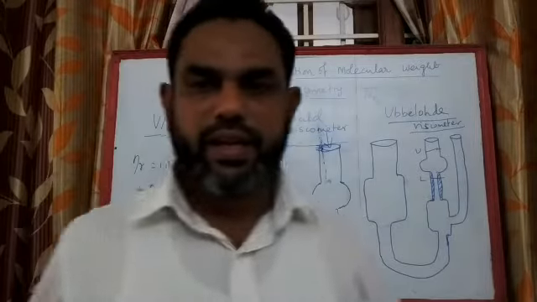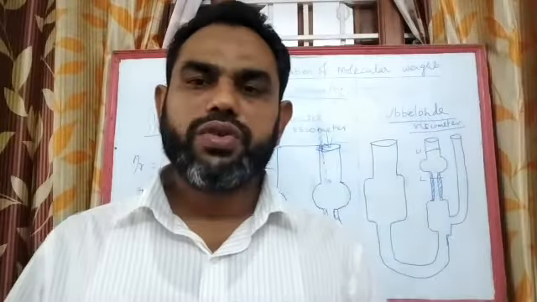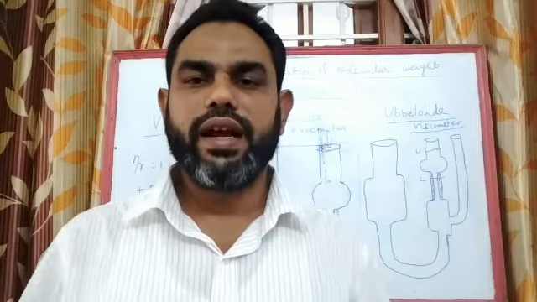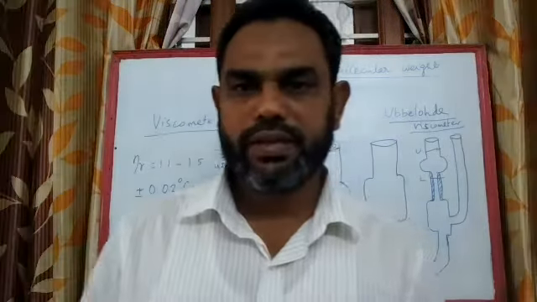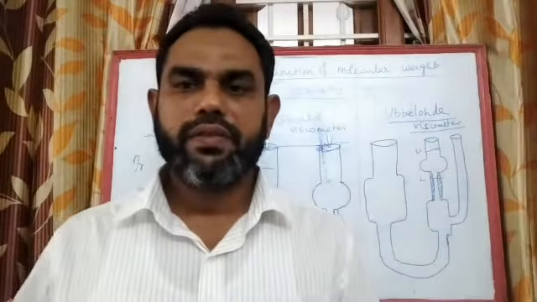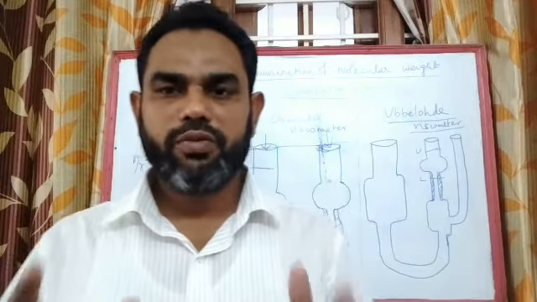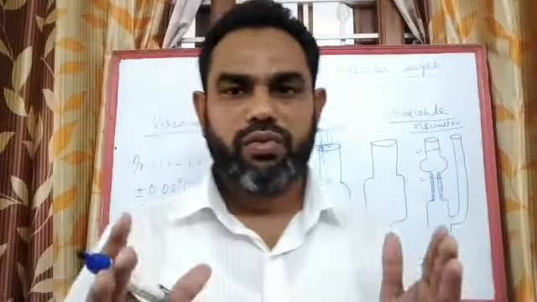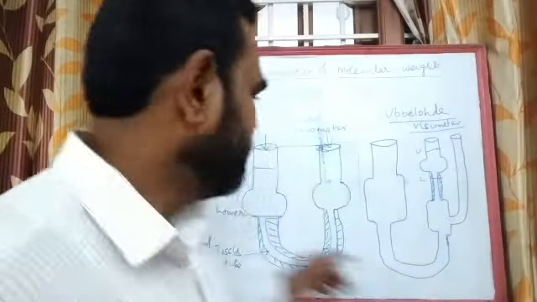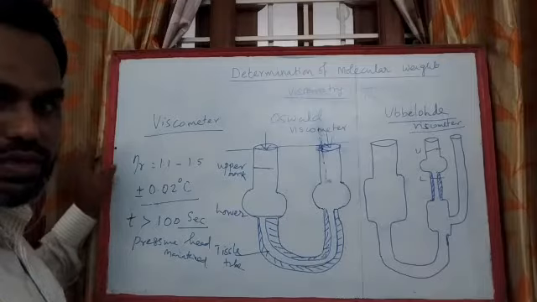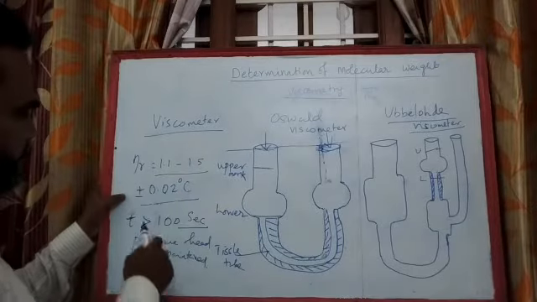Okay, and the next precaution is the solution should be free from any kind of impurities. Otherwise, the impurities will disturb the flow time. So we have to be cautious while measuring the flow time of a polymer solution with these 4 points. One is reduced viscosity should be 1.1 to 1.5.